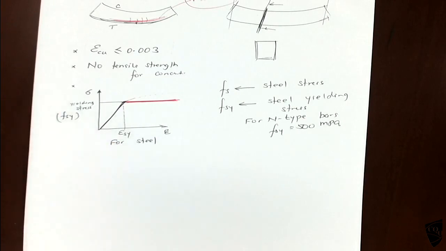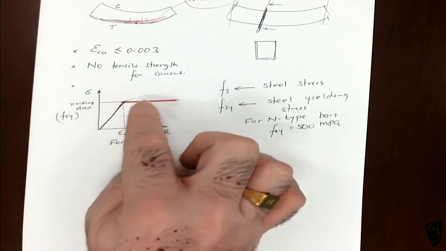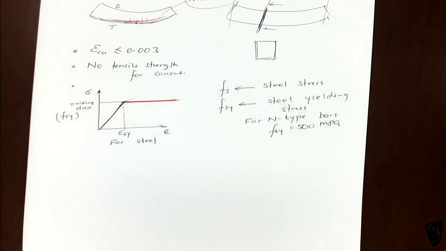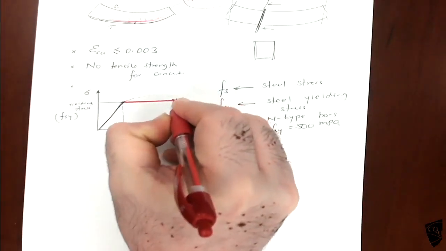What does that mean? Initially it will increase. Once it reaches the yielding point, it will expand without any additional force. So the longer the length is, somewhere here this will break. Okay, that is a fracture.